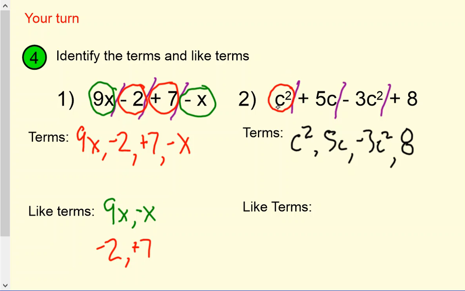C squared has the same variable raised to the same power as minus 3c squared, so those are like terms, and those are the only like terms in this expression. This 5c is not a like term with c squared because it is not raised to the same power. So in that expression, the only like terms are c squared and minus 3c squared.